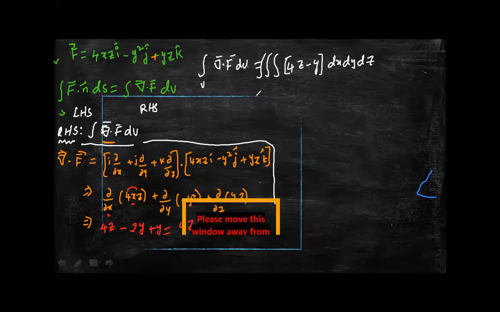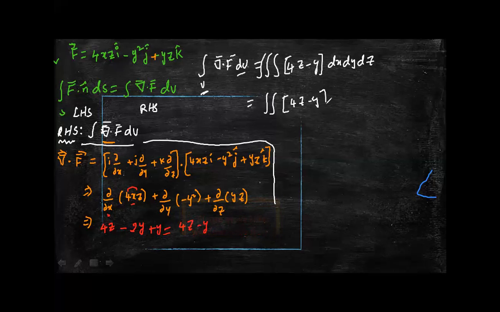Volume means you should apply three times. So again, I am keeping two integrals out. What I can do with 4z minus y, let us do with dx, and I can apply the others later, dy dz.